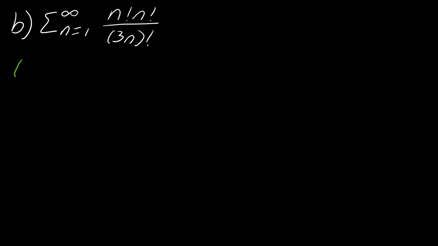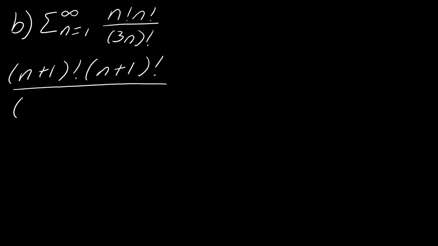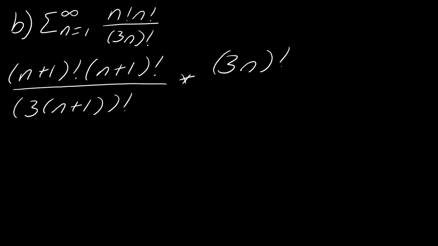Okay, so let me change the color real quick. This will be n plus 1 factorial, n plus 1 factorial, and then 3n plus 1 factorial, and then we've got 3n factorial over n factorial, n factorial. It's very similar in how we're going to cancel things out.